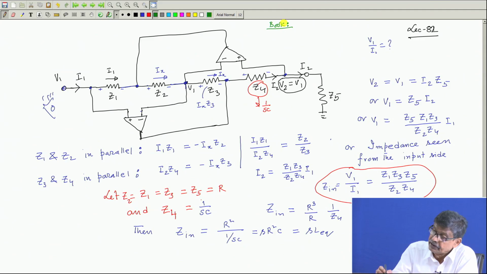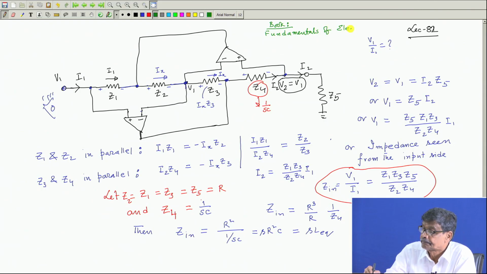It is Fundamentals of Electric Circuits by C.K. Alexander and M.N.O. Sadiku.